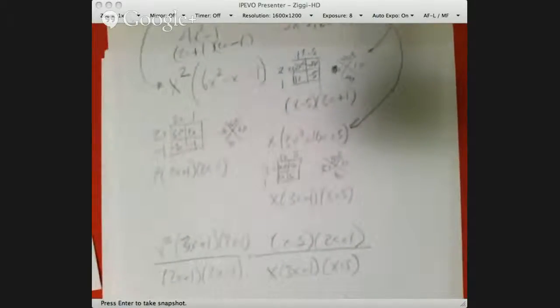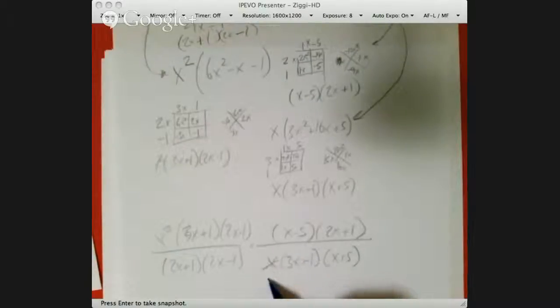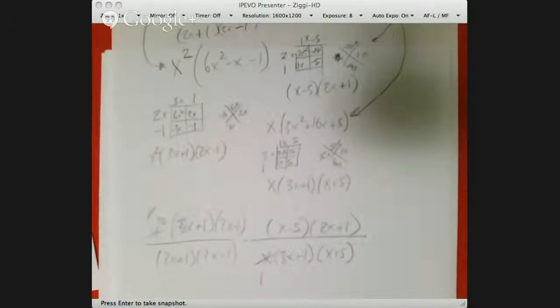Okay, so I've just replaced them with all the things that I've factored, and now is the canceling of the awesomeness. So I would just go across the top and see what I got. I got an x squared. Down here I have an x. So that means this cancels out, becomes a 1. This cancels out, becomes an x. So I just divided them both by an x. 3x plus 1. Hey, there's another one of those down here.